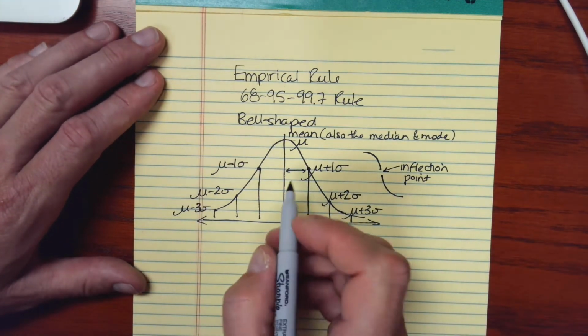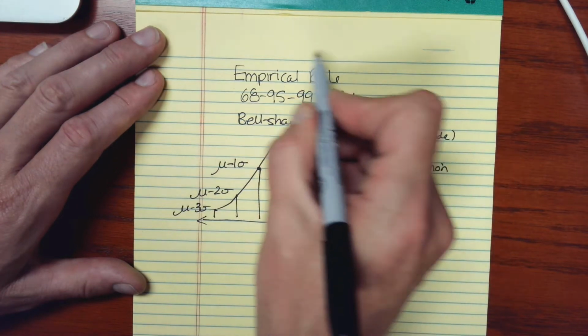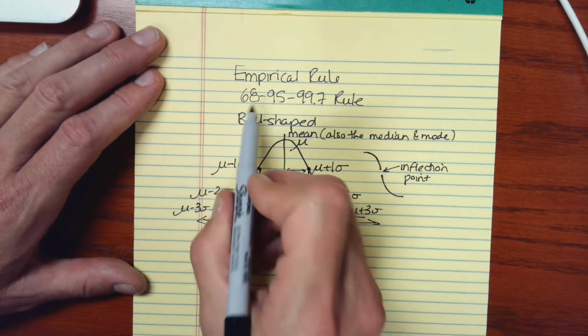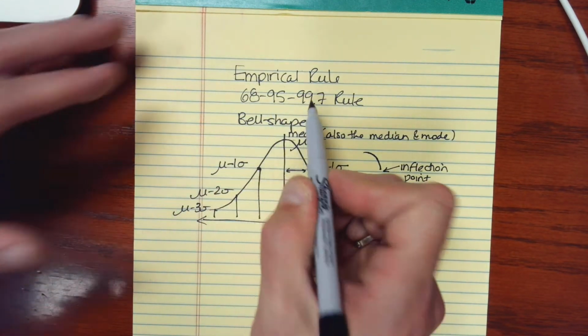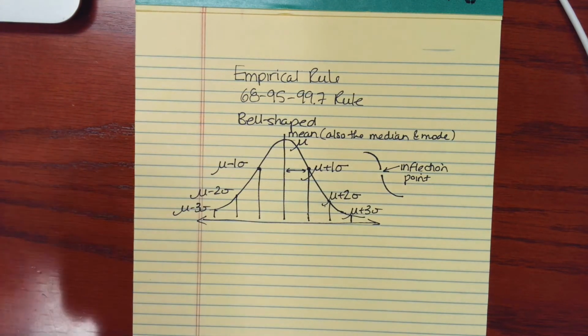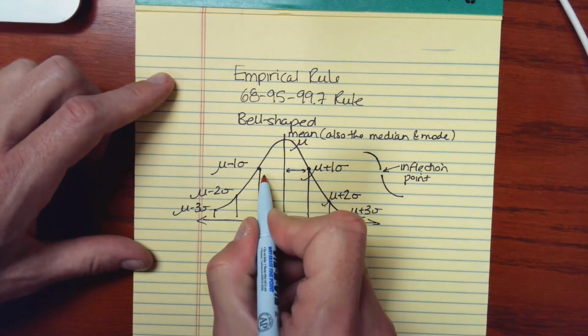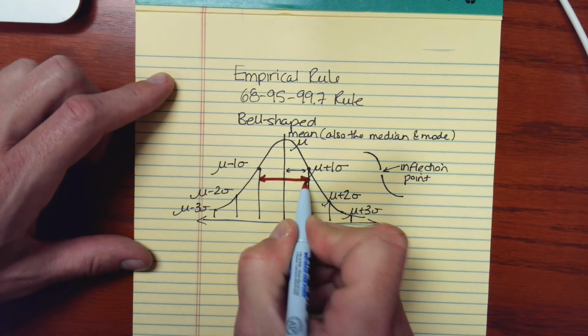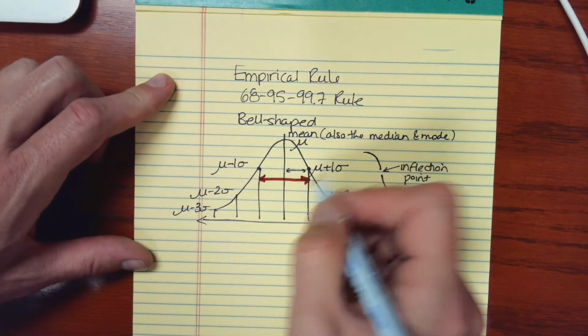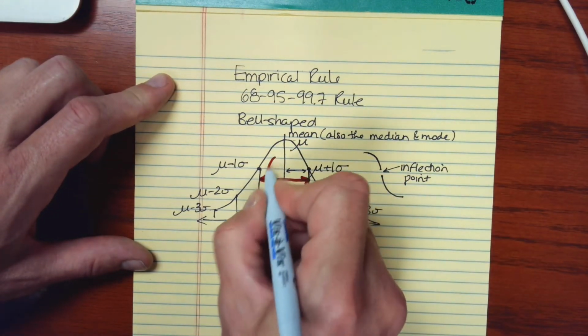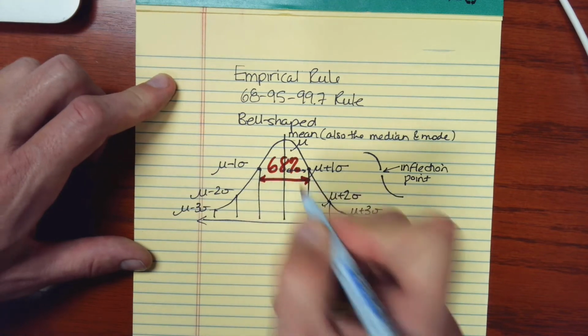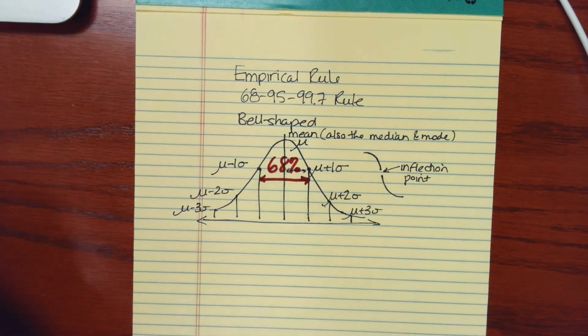The reason I point that out is the reason we call it the empirical rule, the 68, 95, 99.7 rule. If we stay within one standard deviation of the mean, so that would be the mean plus or minus one standard deviation, we'll capture 68% of our data.